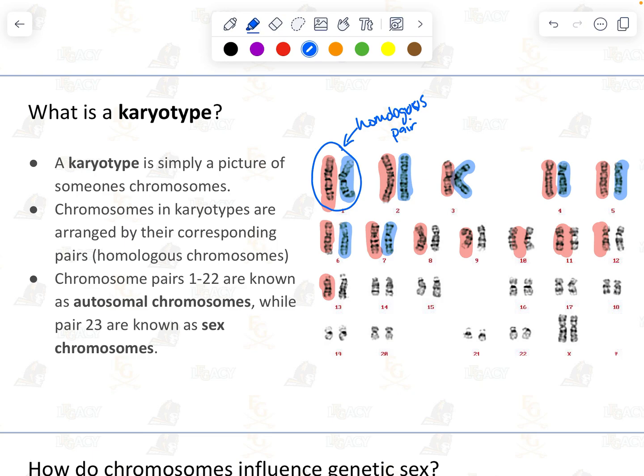Chromosome pairs 1 through 22, so all but the last pair, are known as autosomal chromosomes, and they contain the majority of genes. While pair number 23, which would be down here, are known as sex chromosomes, and those chromosomes influence your genetic sex, whether you're genetically male or genetically female.